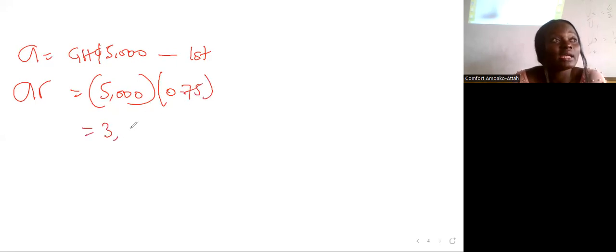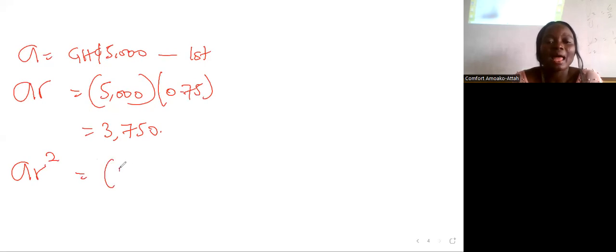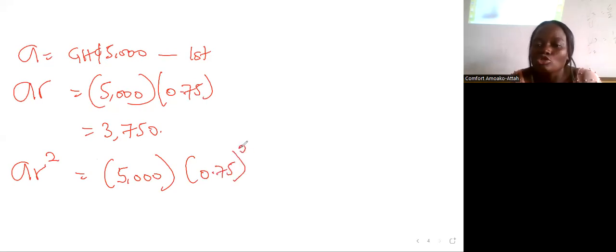That gave us 3,750. Then our third term becomes AR exponent 2. So this means we are multiplying the first term by the common ratio exponent 2.